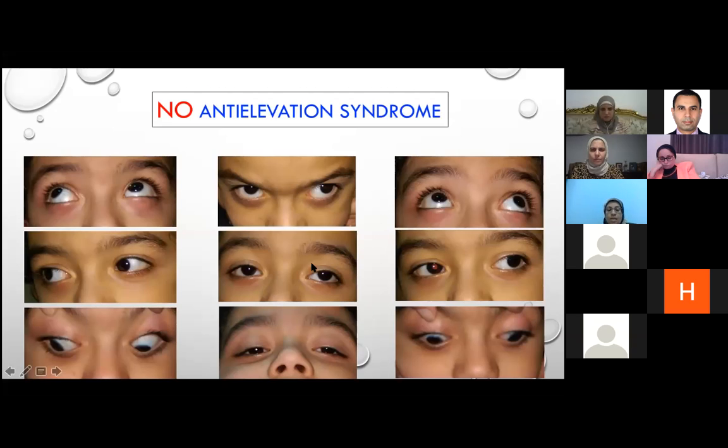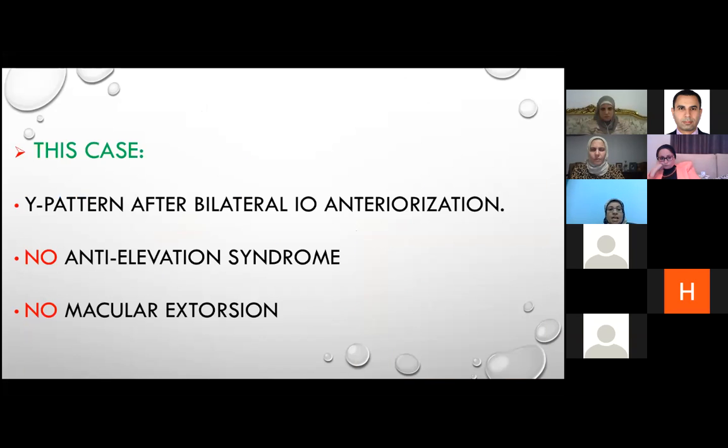There's no hypotropia, there is no limited elevation in the upfield, and there is no inferior oblique overaction in either eye. So this is not an anti-elevation syndrome. So this case had Y pattern after bilateral inferior oblique anteriorization without anti-elevation syndrome and without macular extortion.